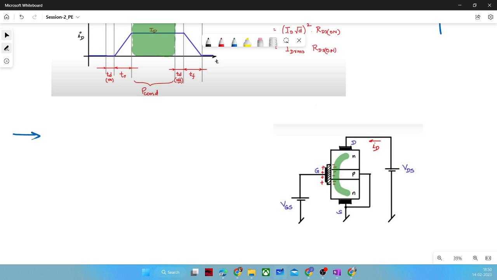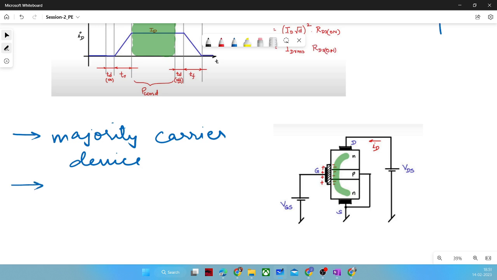Let me write two, three things. Is this MOSFET voltage controlled or current controlled? Voltage control device. Yeah, that is right. Thanks.